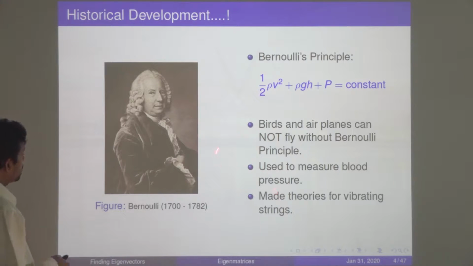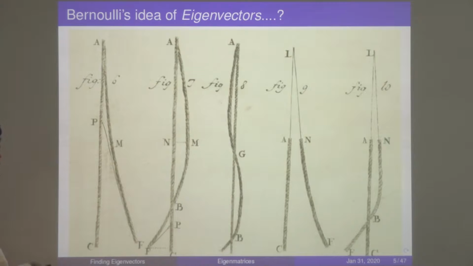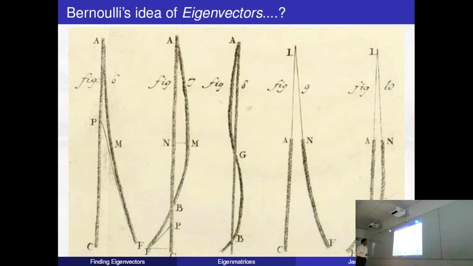And then the related work, for example, where these eigenvectors come from: he had a nice experimental work about vibrating strings. And when you talk about the theory for vibrating strings, they came up with what we call a configuration. So this is Daniel Bernoulli's actual experiment, and we got these from his own work.